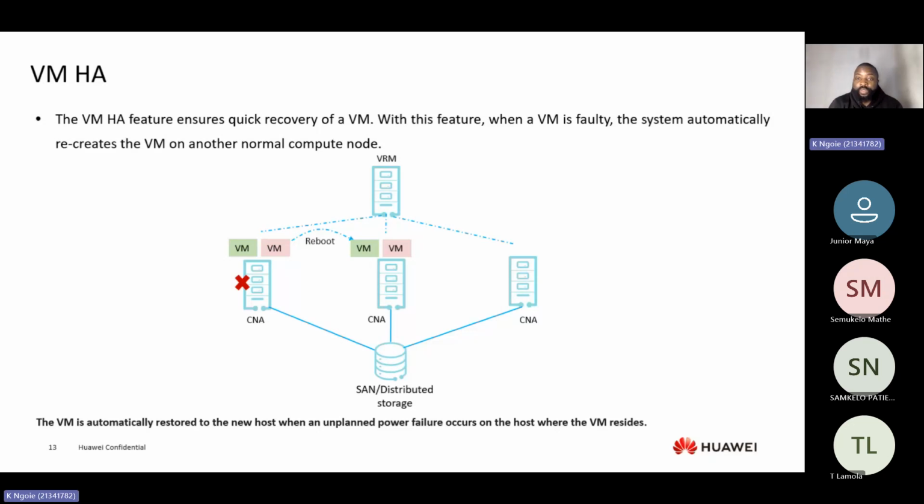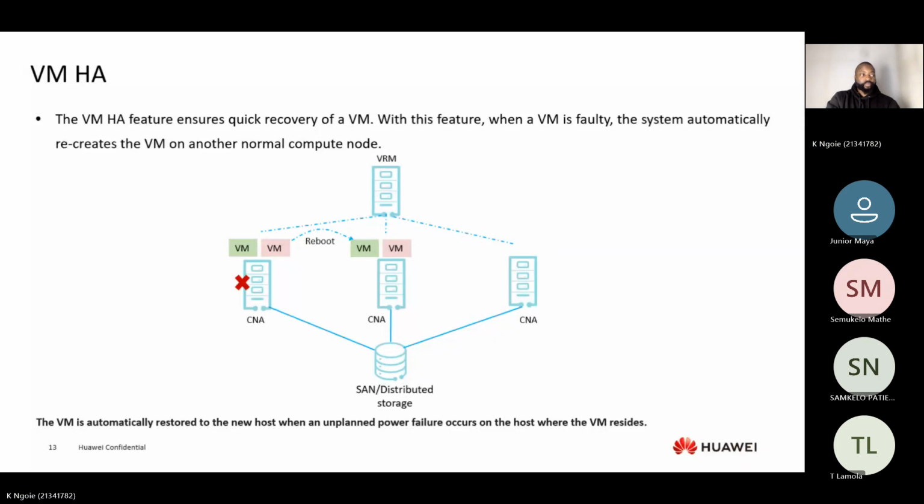All right. So we need to have a way of detecting these failures of the virtual machine and addressing these errors without interrupting the system. Right. So the feature that can ensure that we have a quick recovery of the virtual machine is the VMHA. So that's the main purpose of this feature. All right.